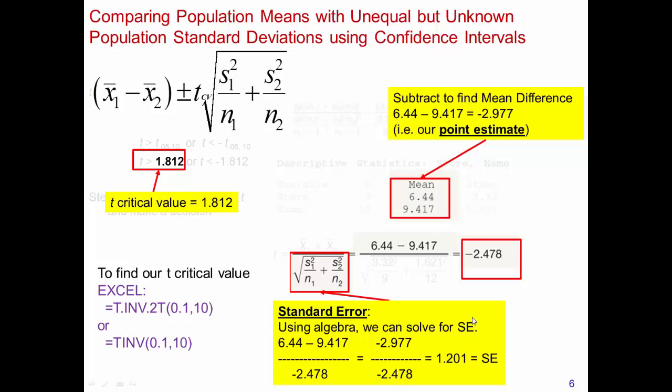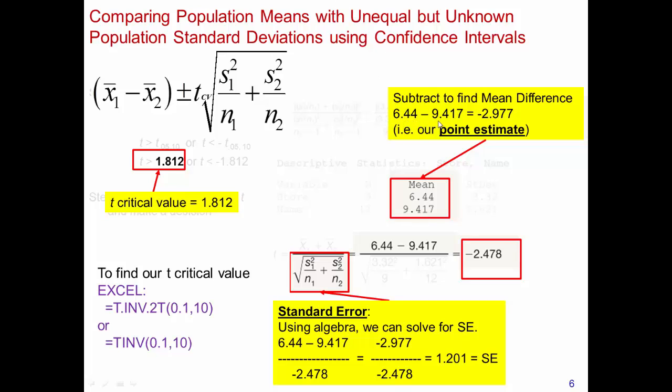And we do have to do a minor calculation or two. So the x bar sub 1 and the x bar sub 2 can be found in our descriptive statistics area from our previous example. And so we have our mean of 6.44 for our x bar sub 1 and our 9.417 for our x bar sub 2.